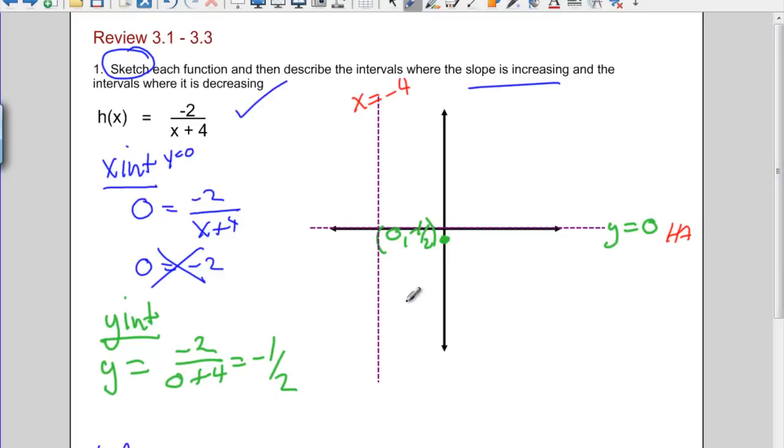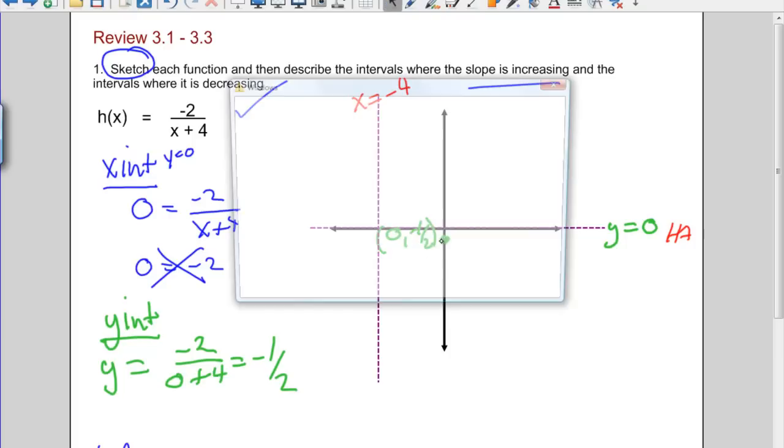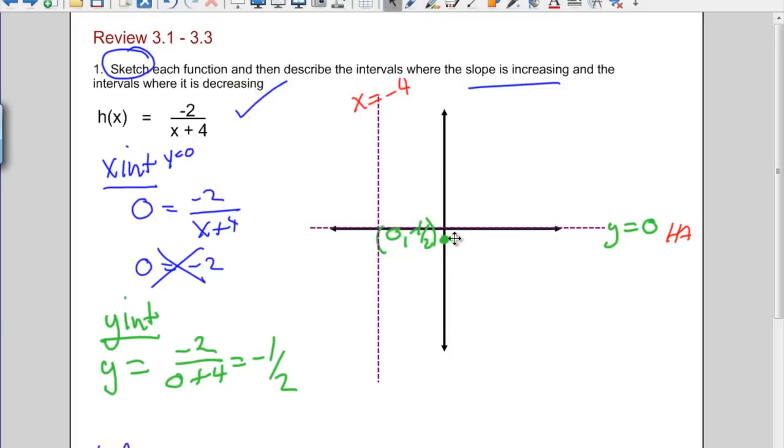When we're looking at this graph, we know that as it approaches the vertical asymptote, it will hug that line continuing all the way down, and we also noticed it will hug the horizontal asymptote. We have a mirror image on the opposite interval.